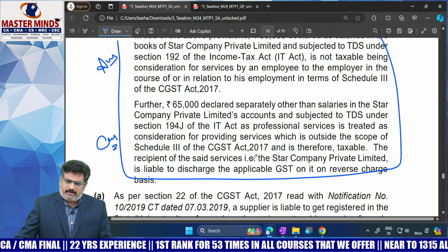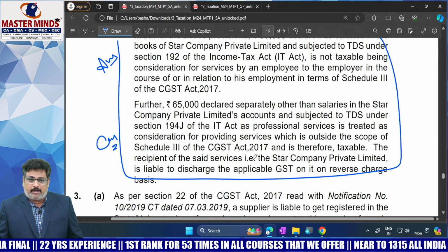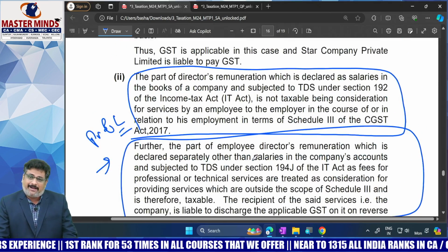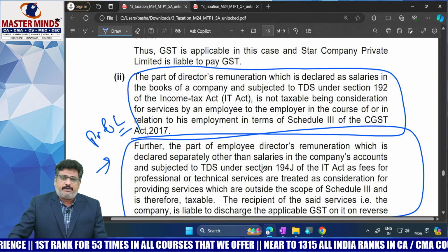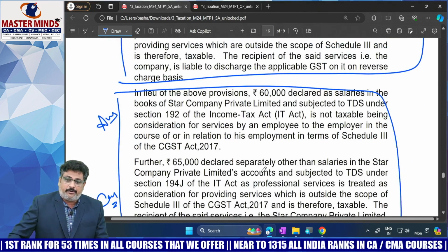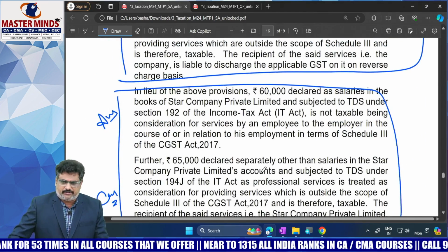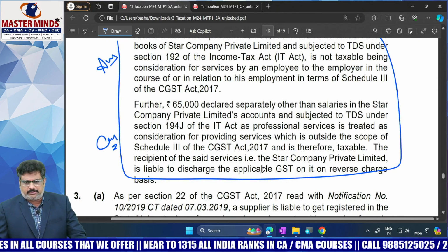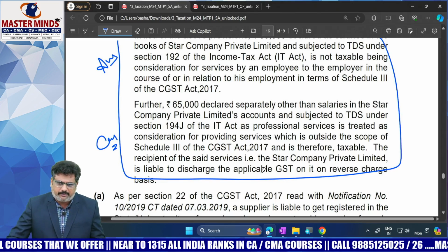If any analytical question is asked, this is the way to write the answer. First, what is stated in the Act regarding that particular thing, you need to specify. And after that, you need to analyze the question that is given. And based on the law, you need to state your conclusion. This is the thing you need to do. Okay, ma'am.